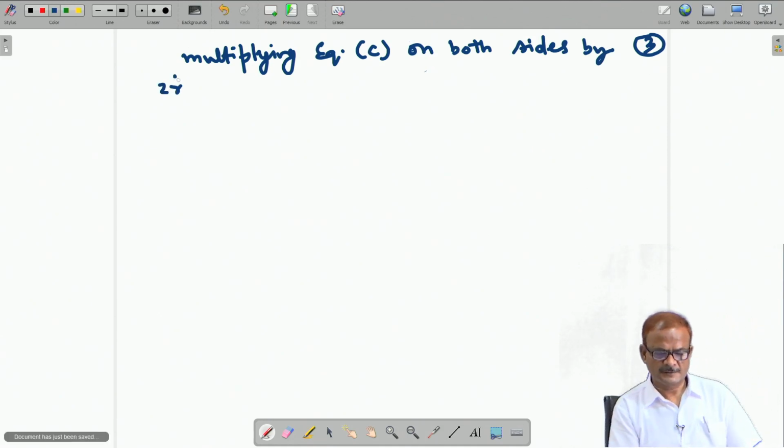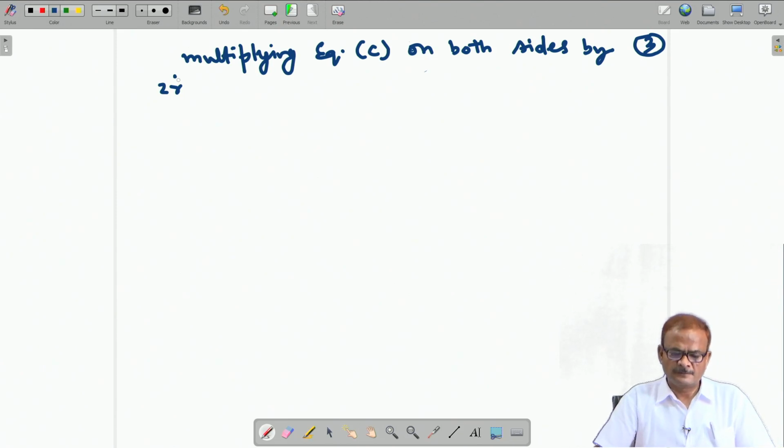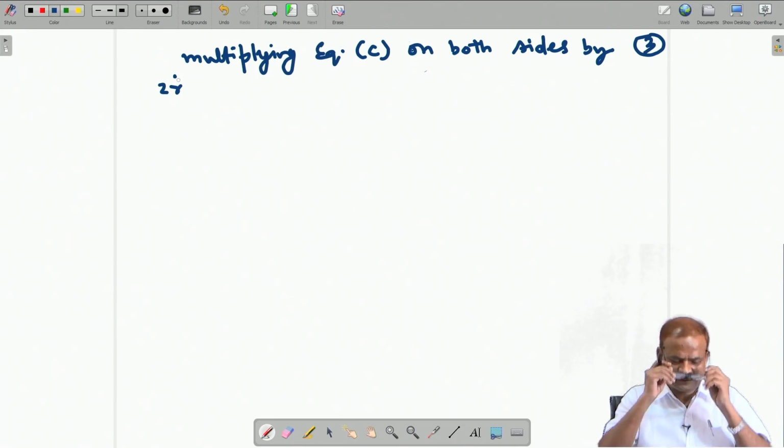This technique you should remember: you might have seen that quite often we have been using a dot product with r dot or a cross product with r. Here I am simply multiplying with 2 r dot. So, these are the techniques of solving the problem, and if you remember them, you may be able to solve a number of problems in your exercise.